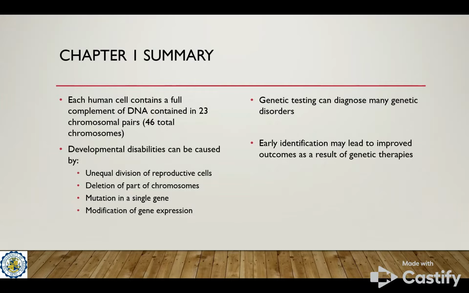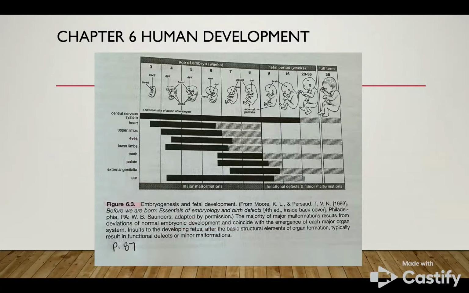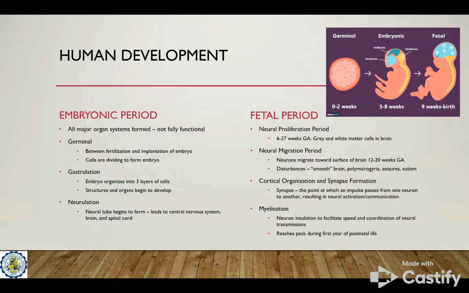Genetic testing can diagnose many genetic disorders, and an early identification can lead to improved outcomes as a result of genetic therapies. So this chart from our textbook shows how fetuses are developed and possible malformations that occur and when they are most likely to occur.